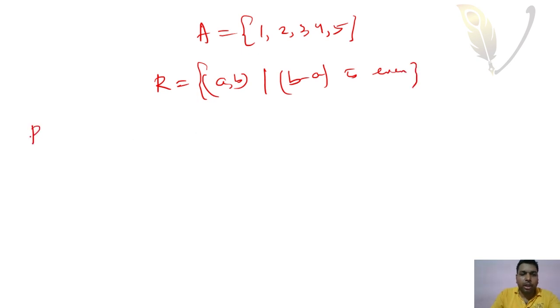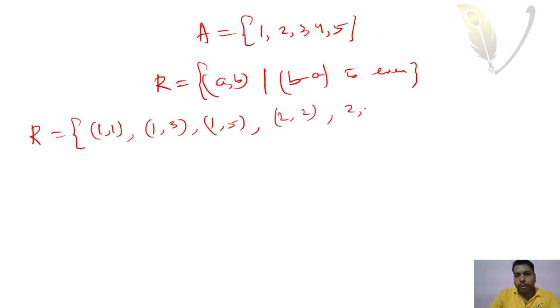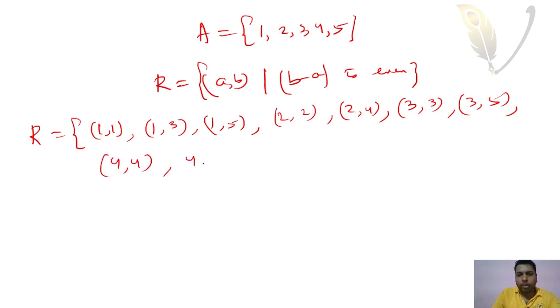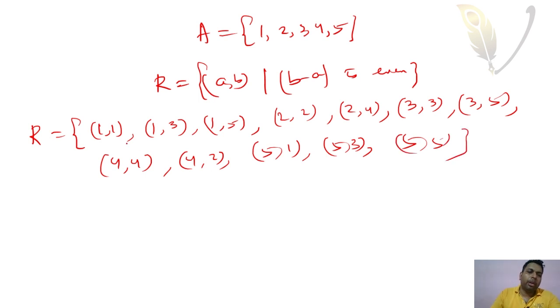So R must contain elements like (1,1), (1,3), (1,5), (2,2), (2,4), (3,3), (3,5), (4,4), (4,2), (5,1), (5,3), (5,5), because if you subtract, in this case, a minus b is even.